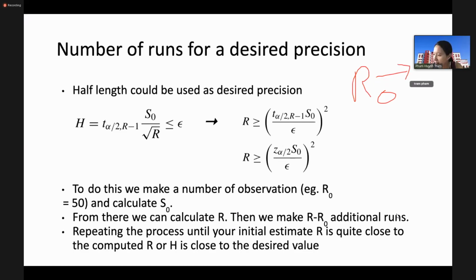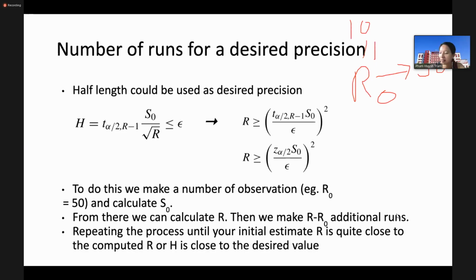We don't know what is the good one, just try a number. So run 10 times first. After these initial runs, we would be able to calculate the variance from the first few initial runs.